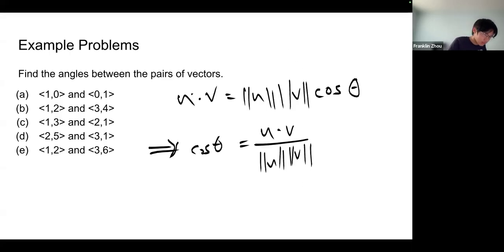Oh yeah, and you can DM me the message. And theta should be between 0 and 180 degrees or 0 and pi.